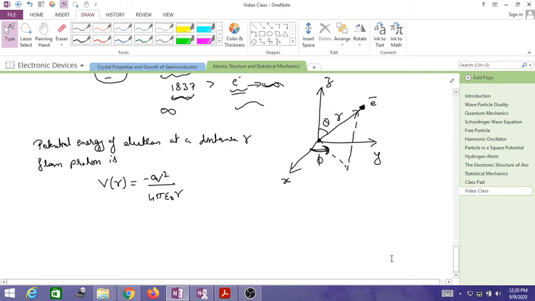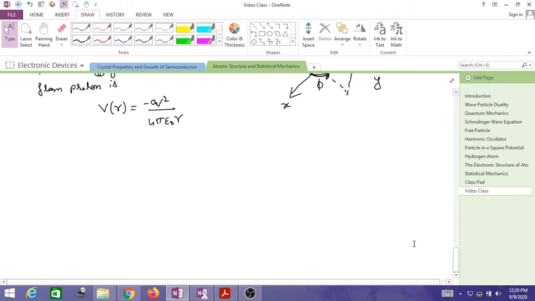By taking the second-order differential Schrodinger wave equation, we have gradient square psi plus 2m by h bar square into E minus V psi equal to 0.